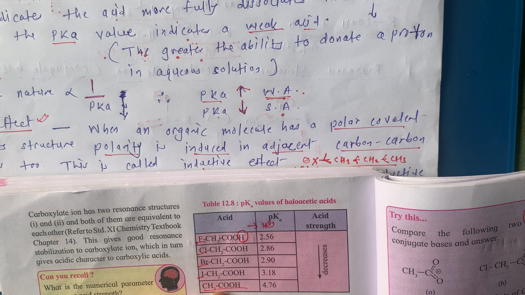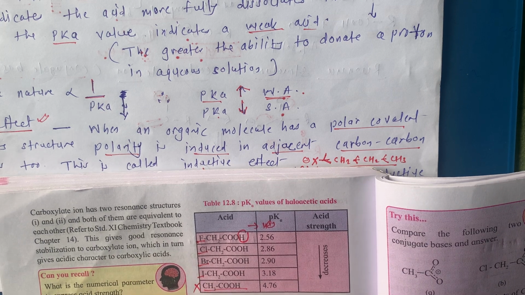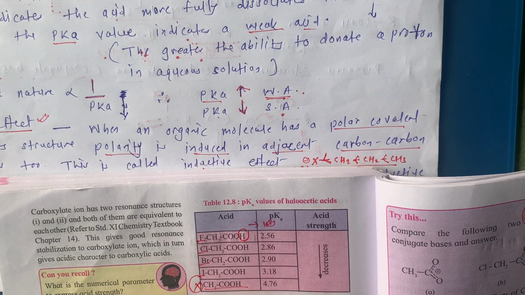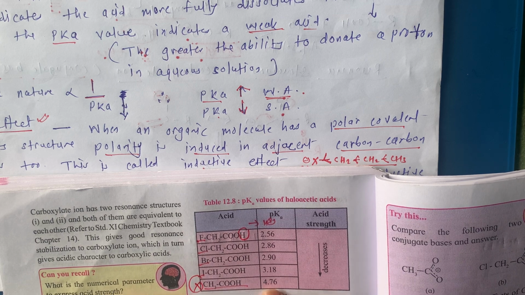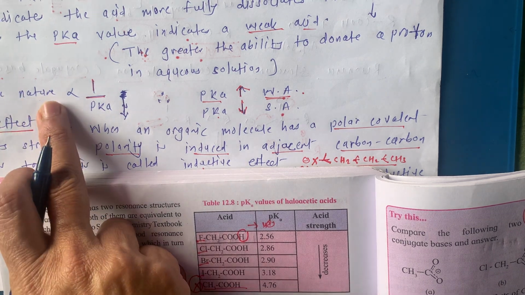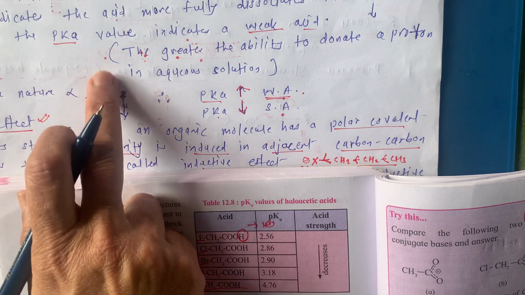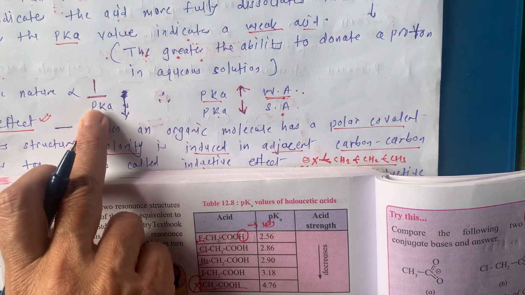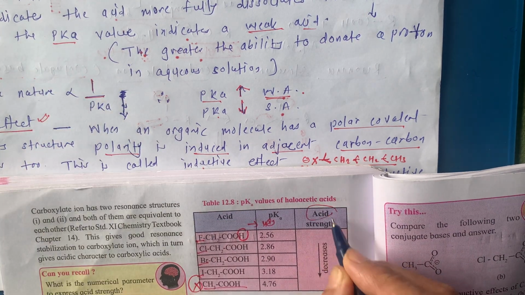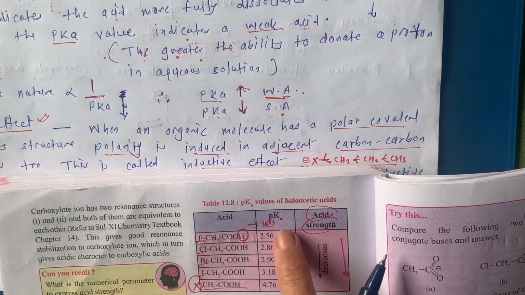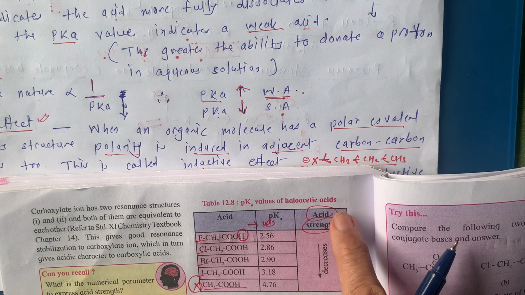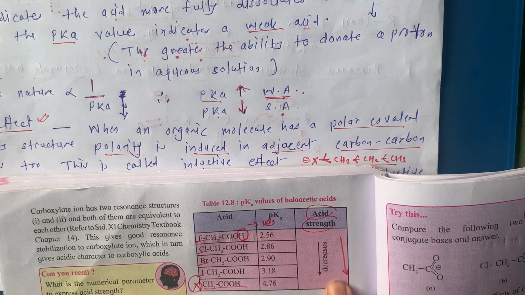When there is no halogen X, then the pK value is 4.76. As I explained before, acidic nature is inversely proportional to the value of pK. So here acid strength goes on decreasing as the value of pK goes on increasing.